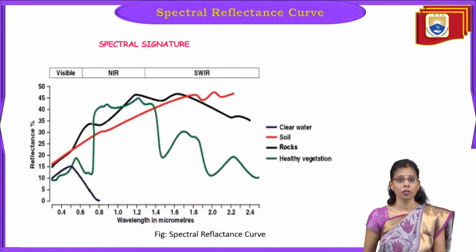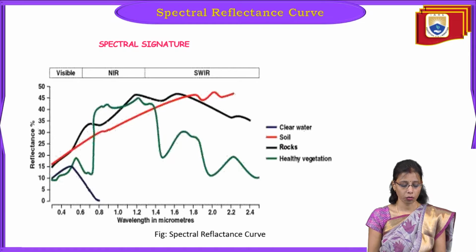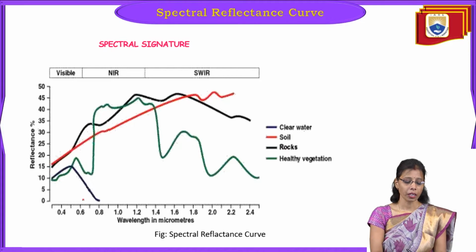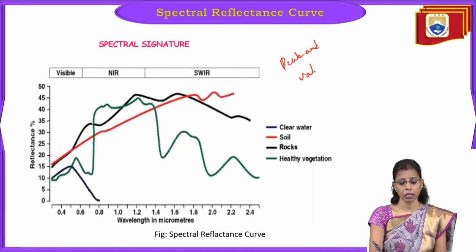Okay. Now this is what I was talking about. Here we have the spectral reflectance curve. A reflectance curve will show you which feature is reflecting in which region, like a peak and valley configuration.